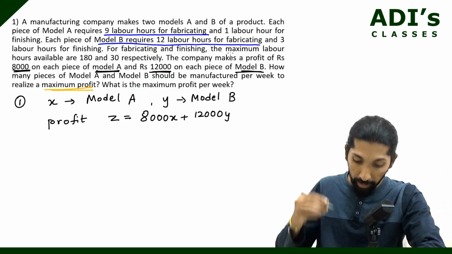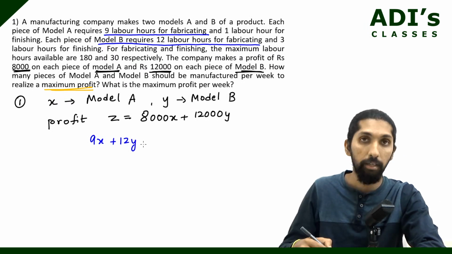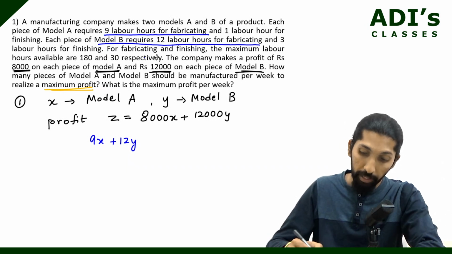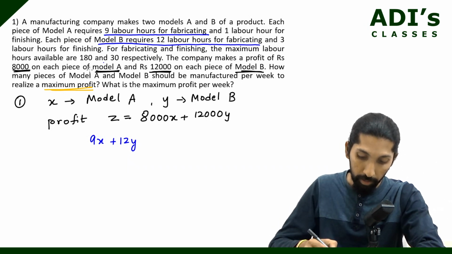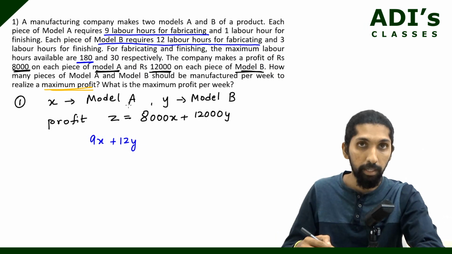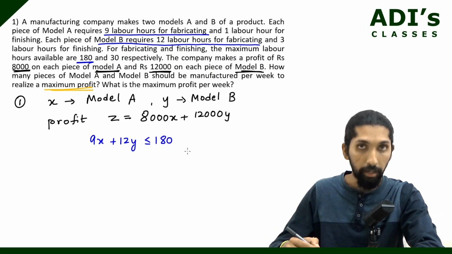For the fabricating constraint, we have 9x plus 12y, correct? For fabricating, the maximum hours available are 180, so it is less than or equal to 180, right?